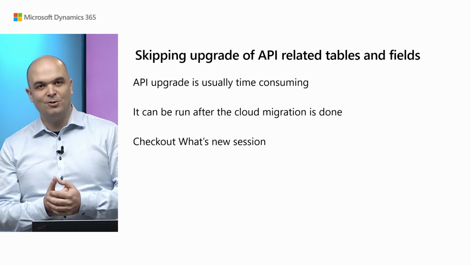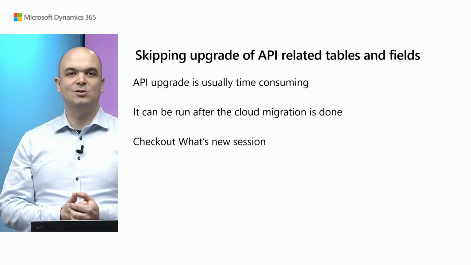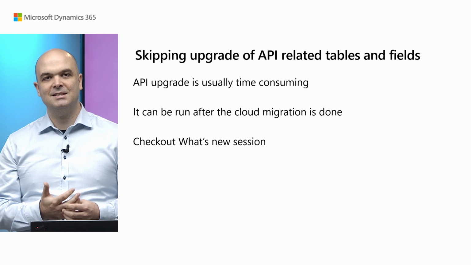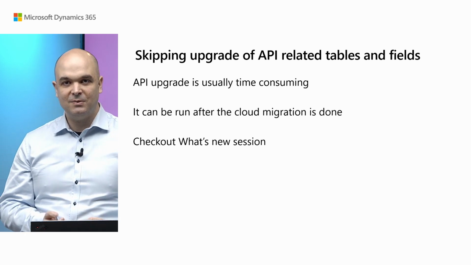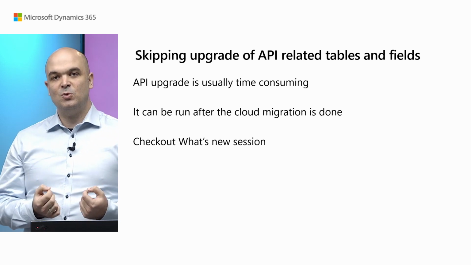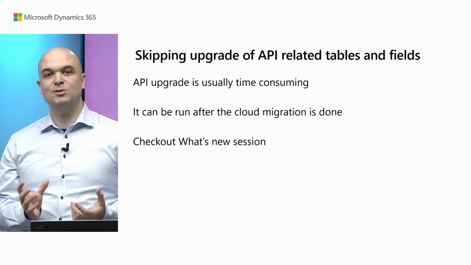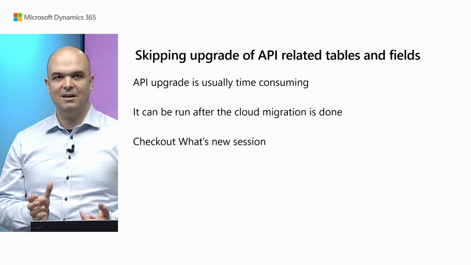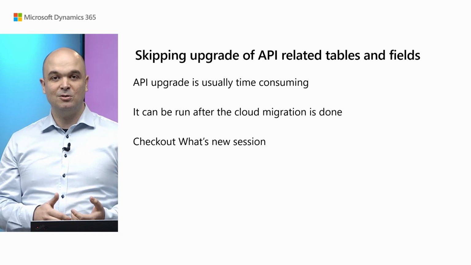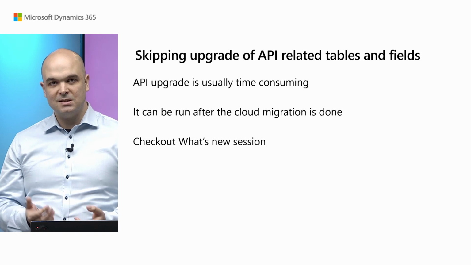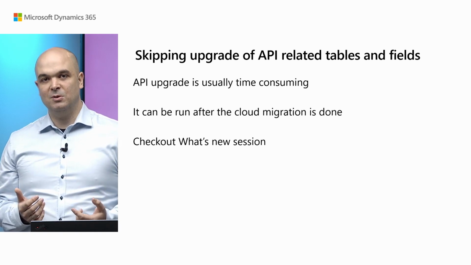One of the long-running upgrade methods that usually takes a lot of time for large tenants is the API-related upgrade. For the APIs, we needed to run the upgrade because we need to pre-compute the data so the APIs can be fast. And because we are running it on large tables like customers, items, and sales invoices, it is usually time-consuming.